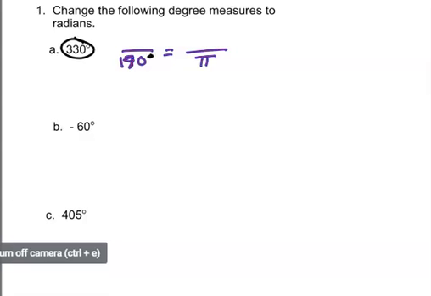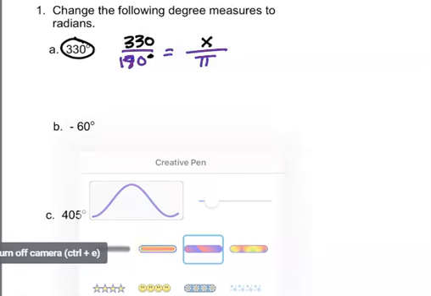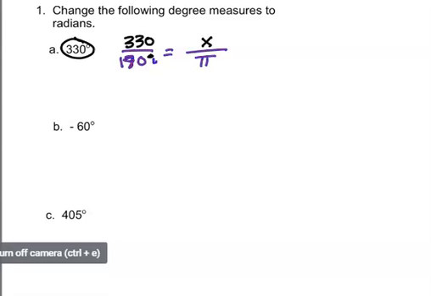Well, 180 is degrees, so I'm going to put 330 here, and I want to know how many radians. So 330 degrees over 180 equals x over pi. I'm going to go ahead and cross multiply that.